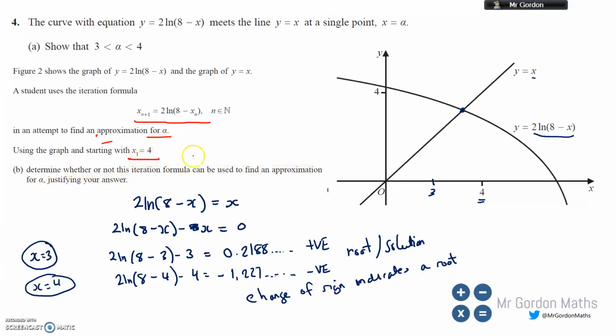So we're going to show graphically what we're doing when we put 4 into the calculator, sorry. So we put 4 in, and it will give you a value. We're using this curve, you see, look, 2ln 8 minus x. I put the 4 in there. What value does that give me?